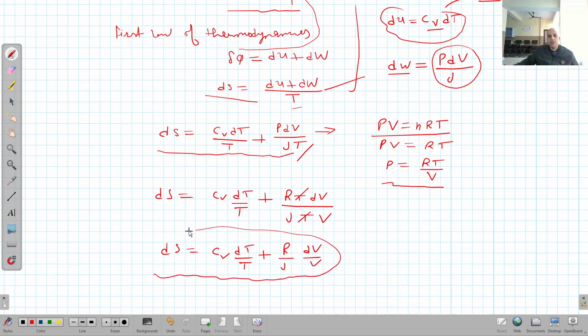Here R, you know very well, is the gas constant, and J is the mechanical equivalent of heat. I want to make it clear, I forgot to tell you about it earlier. According to Joule's law, heat can be converted into mechanical work and mechanical work can be converted into heat. When we convert mechanical work into heat, the heat produced is directly proportional to the mechanical work. This is Joule's law.